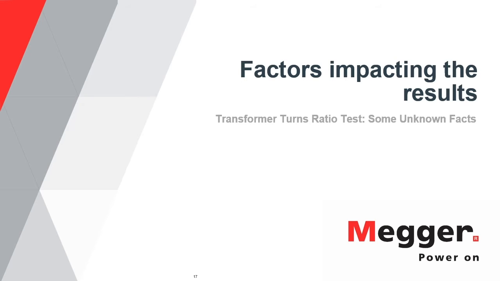So now that we understand a little bit more of the results, what do we do if we get unexpected results?